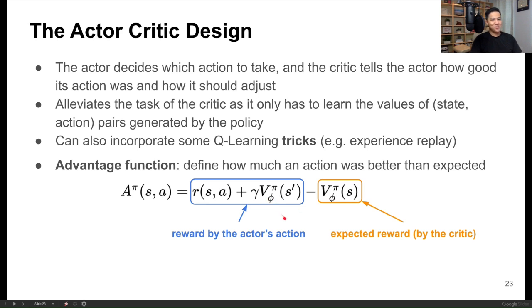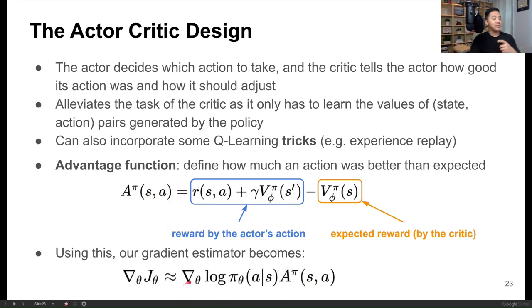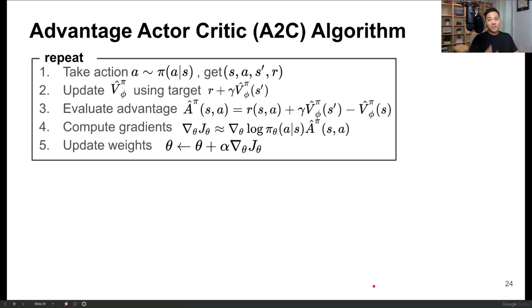So just so you know, it also depends on the critic to predict the actor's action value in the future, right? So we're using this advantage function. The gradient becomes just the gradient of the log likelihood of taking this action under this policy times the advantage function. Right?